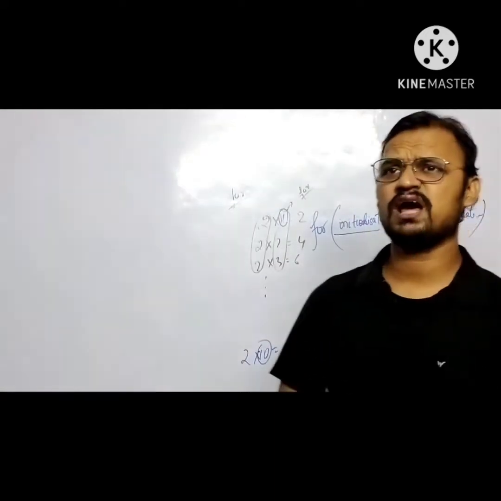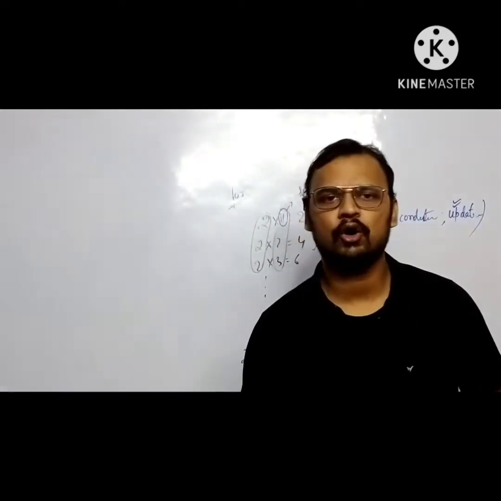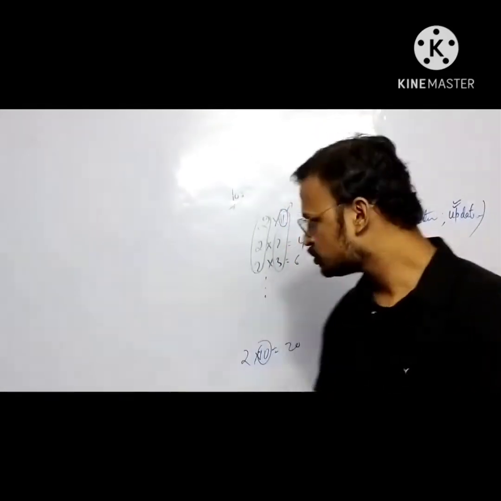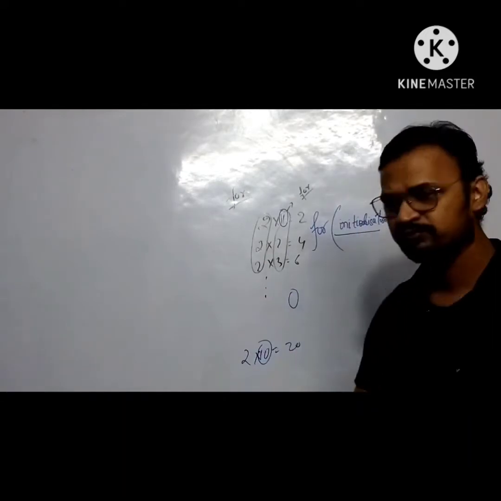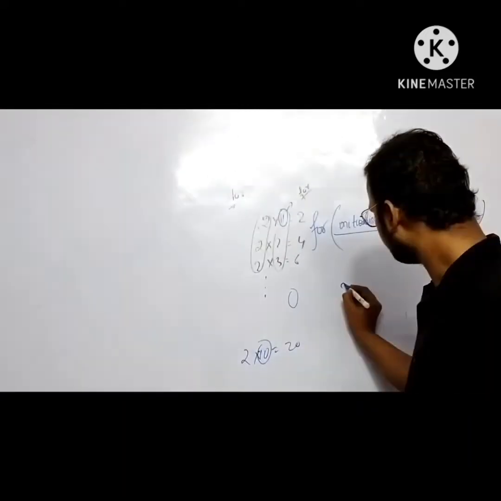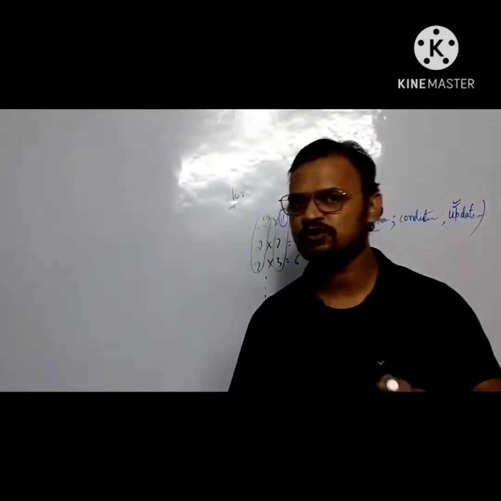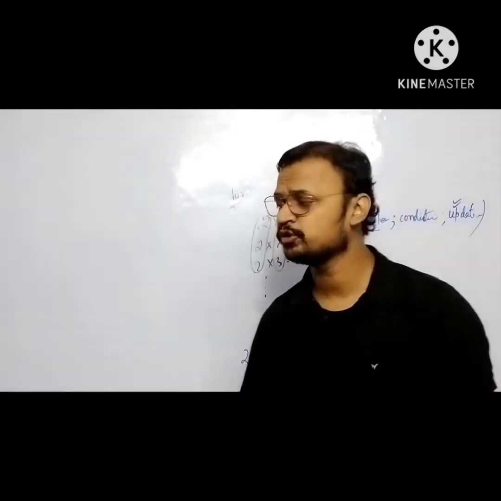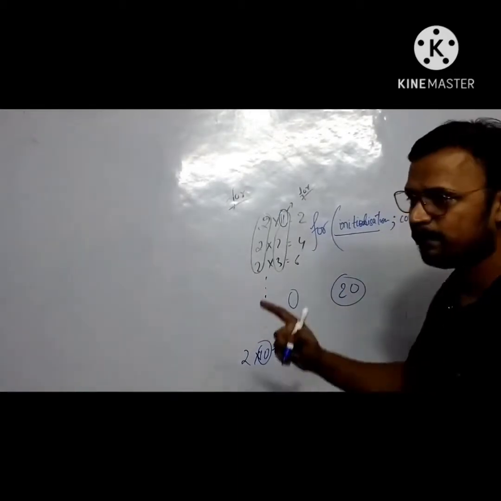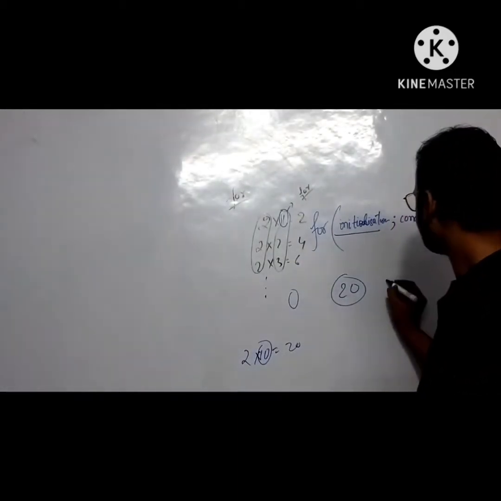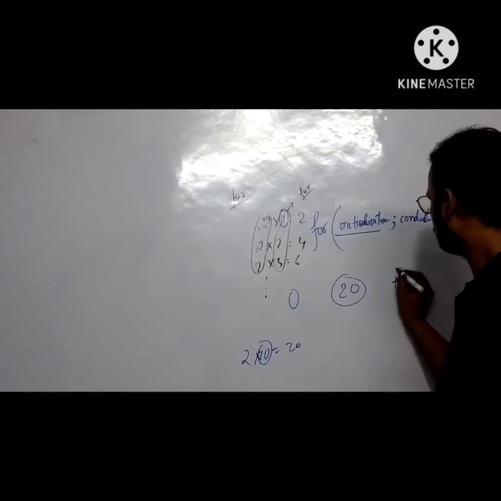Similarly, if someone asks us to write all the even numbers from 0 to 20, then 0 is the initialization, 20 is the condition up to which. But in the case of even numbers, we have to skip one number: 0, then 2, then 4. So we have to make the updation plus 2.